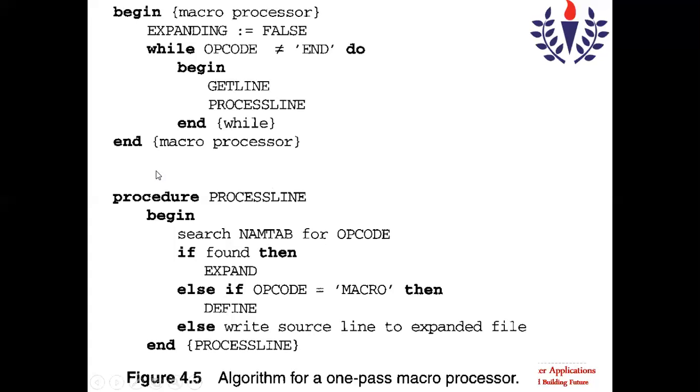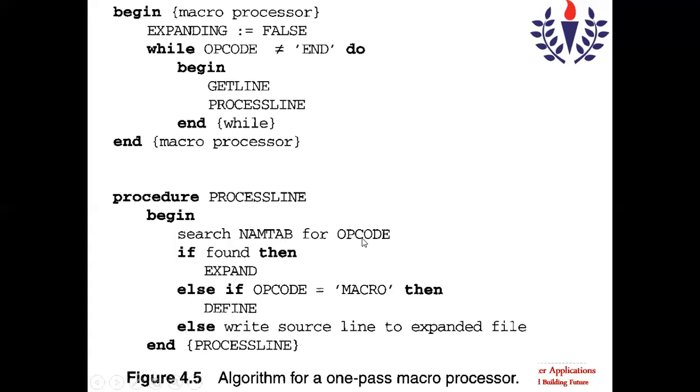Now, what will be the code of this process line procedure? Means when we get a line and move to process line, what will be the code of the process line procedure? See, procedure process line. In that, it will first search the name table for the opcode.